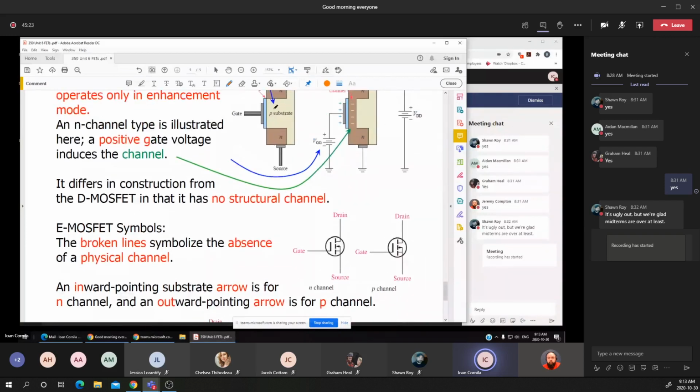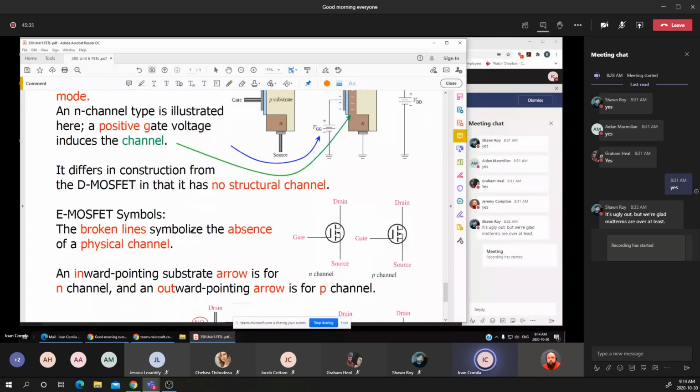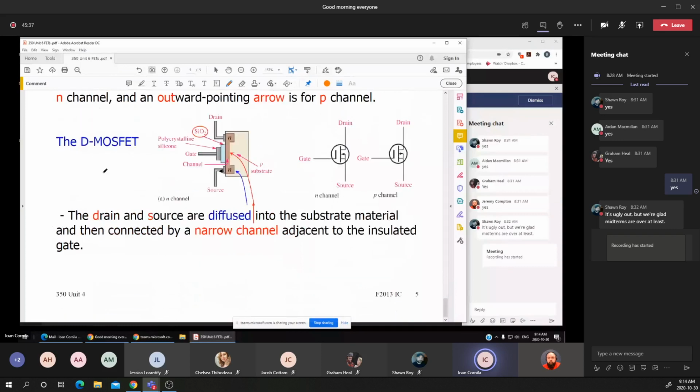Okay, now let's have a look at the two, and I try to put them together to compare. You notice that on the E MOSFET, or the enhanced metal oxide semiconductor, there is no physical channel between the drain and the source. For a D MOSFET, or diffused metal oxide semiconductor FET, there is a small physical channel between the drain and the source.